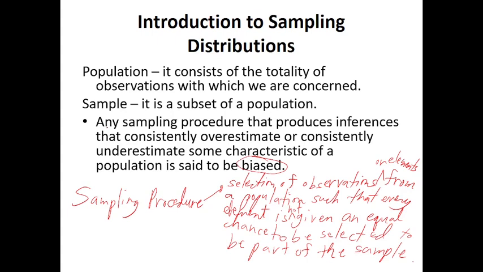Take note that any sampling procedure that produces inferences, when we talk about inferences, we're referring to a conclusion, that consistently overestimate or consistently underestimate some characteristic of a population is said to be biased. So I'll give you an example to this.